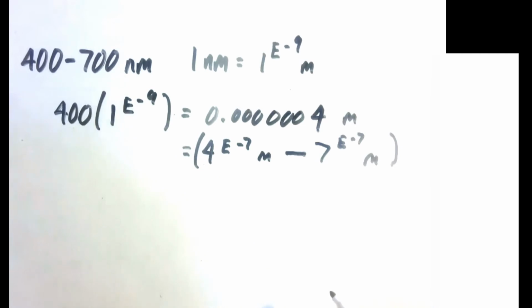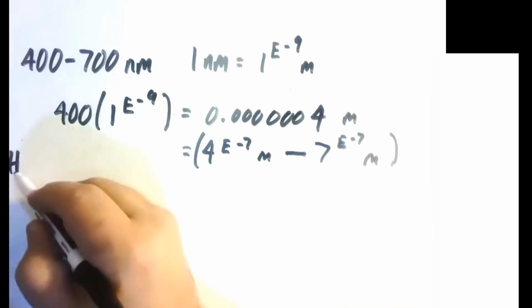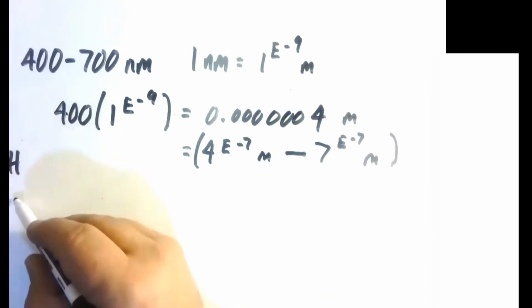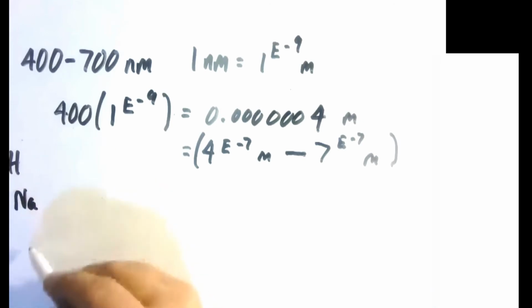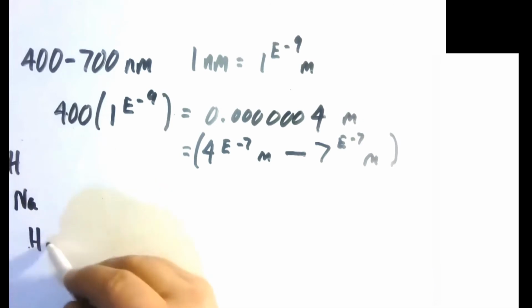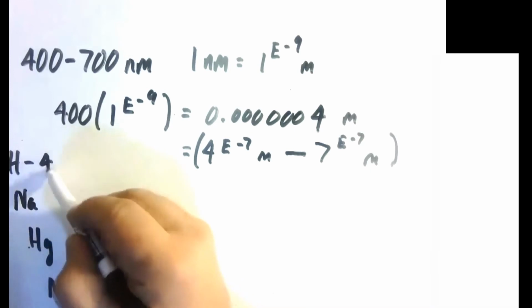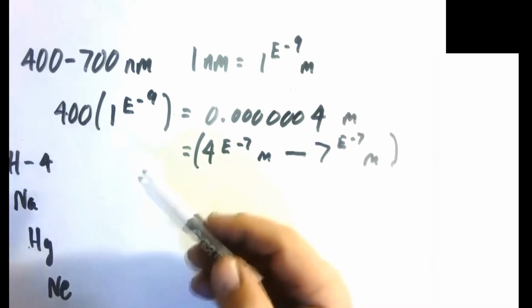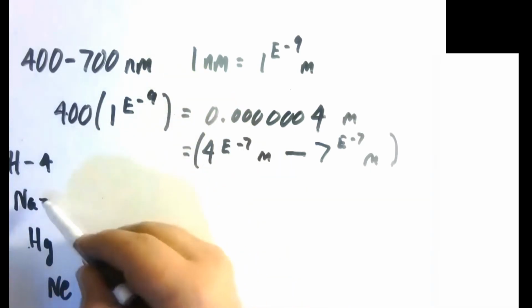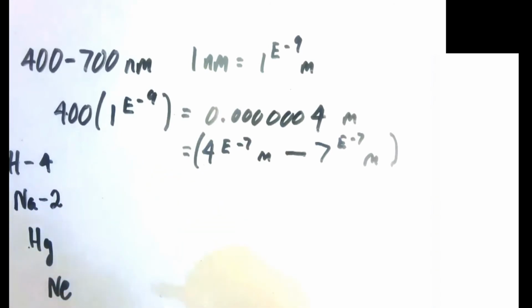Now the lab asks you to look at hydrogen, sodium, mercury, and neon. Hydrogen has 4 lines, and you're going to have to plot all 4, and you're going to have 4 numbers in nanometers. And sodium has just 2.